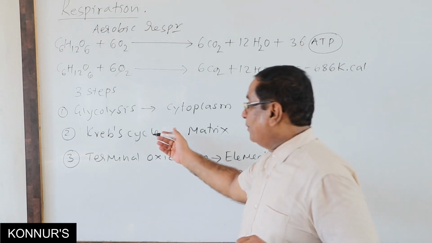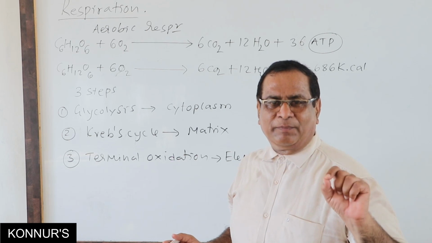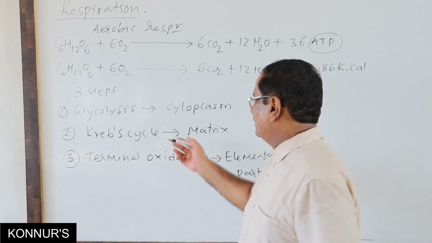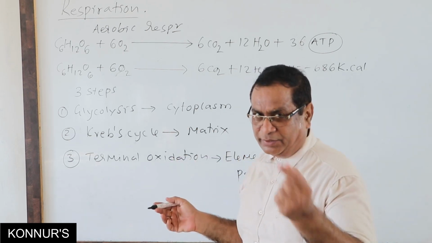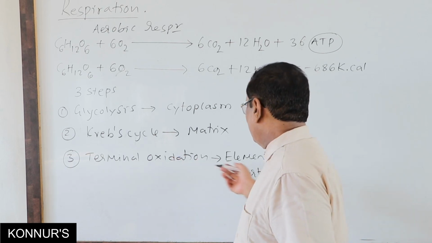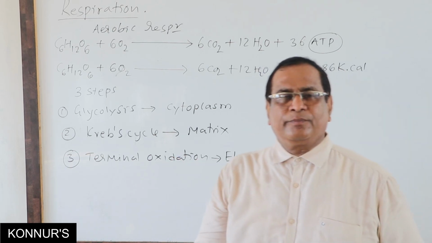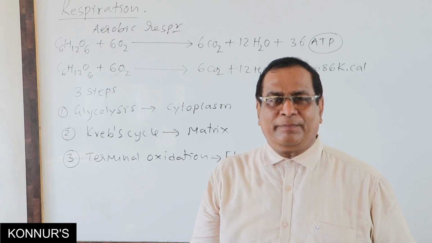The Krebs cycle takes place in the matrix of mitochondria. Terminal oxidation takes place on elementary particles. The first step, glycolysis, takes place in the cell cytoplasm only, but the remaining 2 steps take place in mitochondria: the Krebs cycle in the matrix of mitochondria, and terminal oxidation on elementary particles.